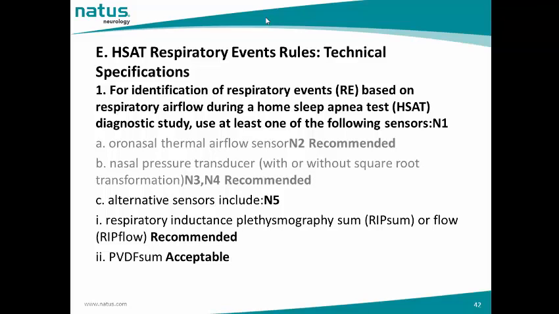Alternative sensors include respiratory inductance plethysmography, RIP sum or RIP flow, and PVDF sum, which is acceptable.